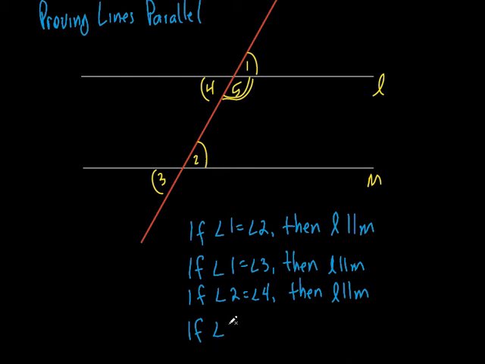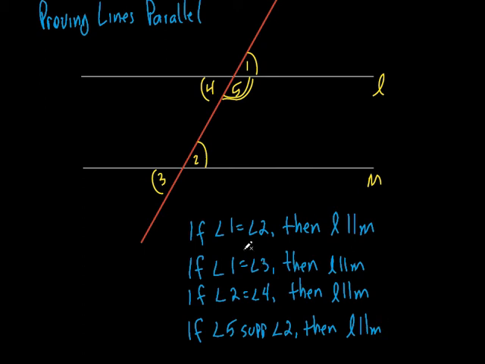If angle 5 is supplementary to angle 2, right, then what's true? If 5 and 2 are supplementary, if they add up to 180, what must be true about these two lines then? They got to be parallel to each other. Okay?